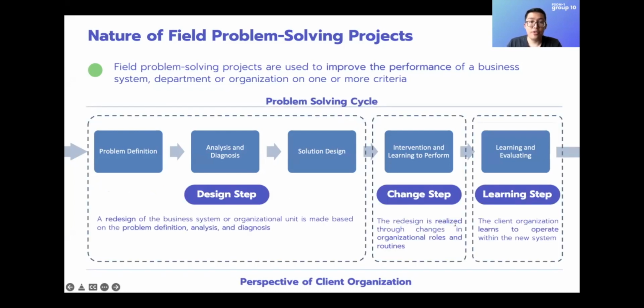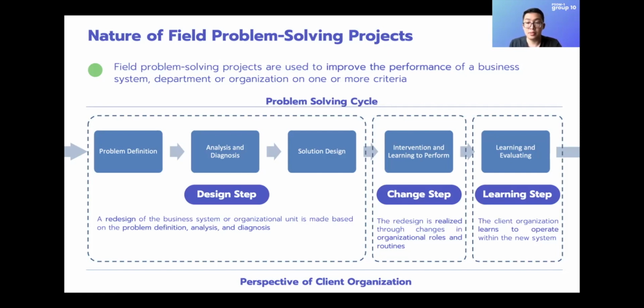From the perspective of the client organization, however, a full problem-solving project has three process steps, each of a different nature: the design step, the change step, and the learning step. In the design step, a redesign of the business system or organizational unit is made based on the problem definition, analysis, and diagnosis.